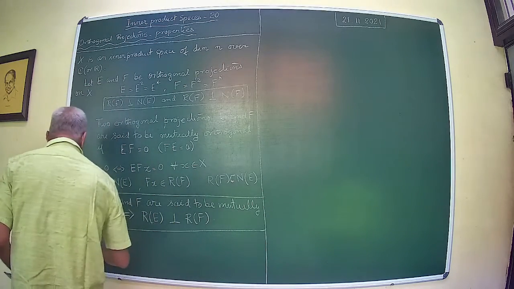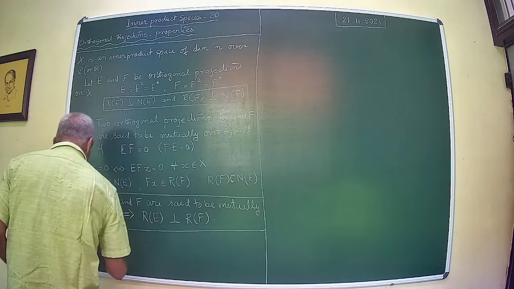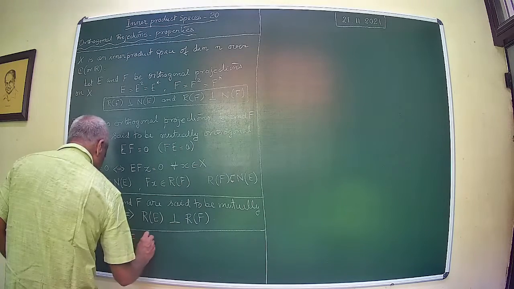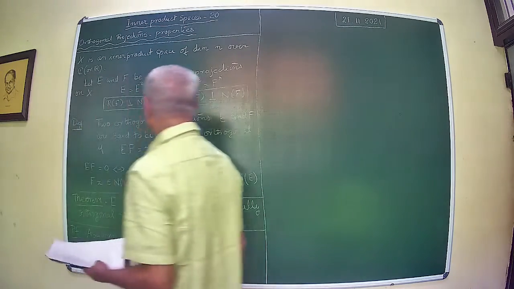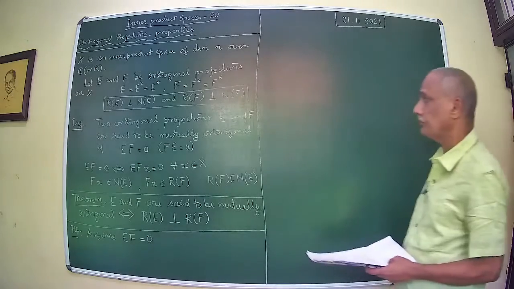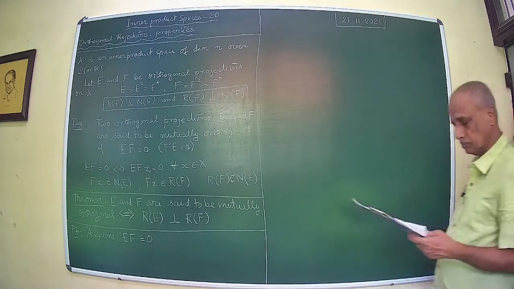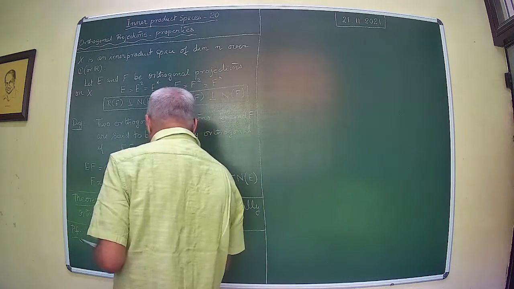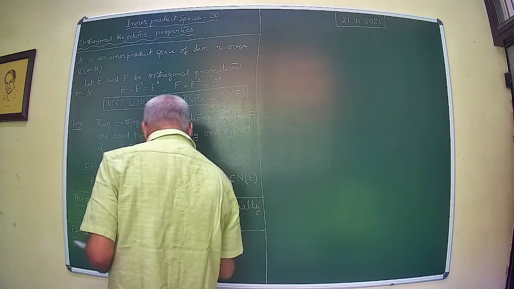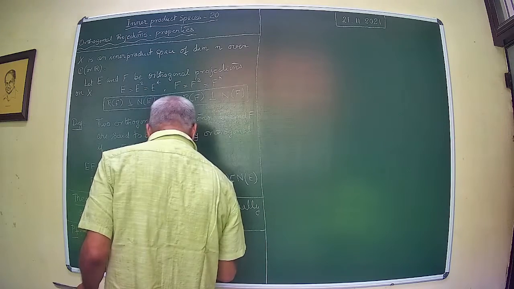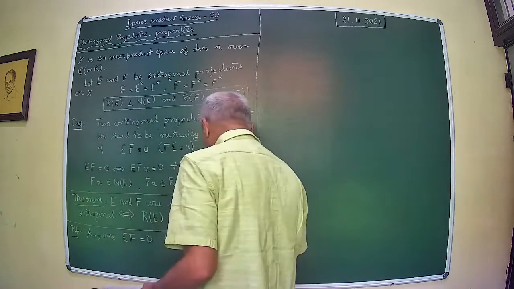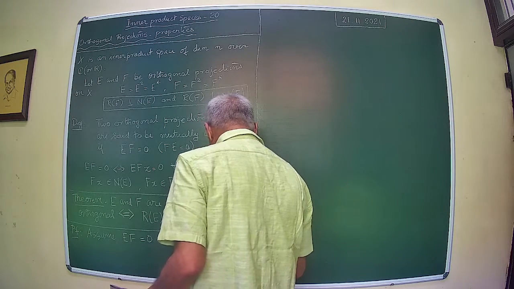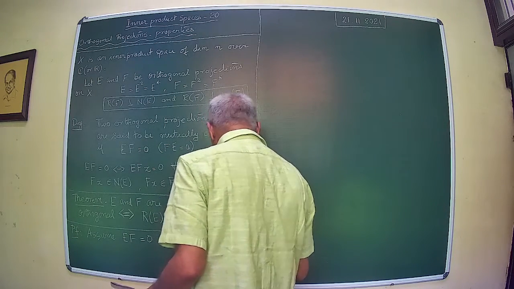So you assume EF equal to 0. So let X belong to RE and Y belong to RF.